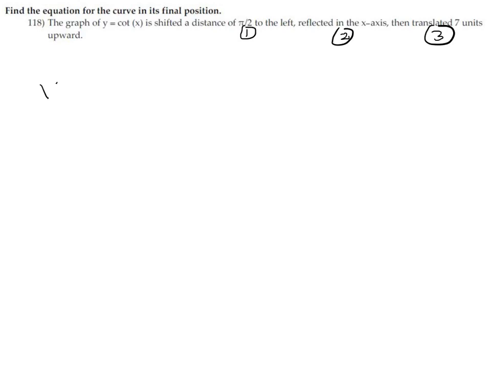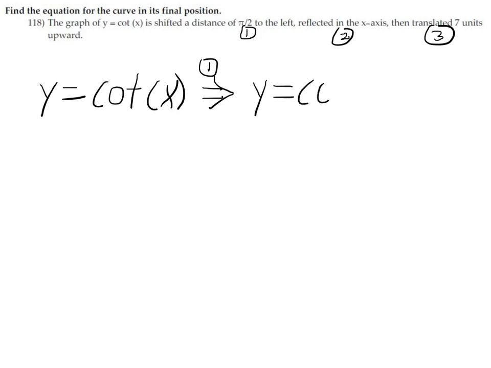So we'll start off with y equals cotangent of x. Number 1, shifted pi/2 to the left. That will change it to y equals cotangent of x minus pi/2. But that's to the right, so x plus pi/2. We'll move it to the left.